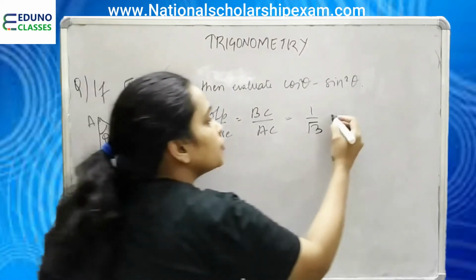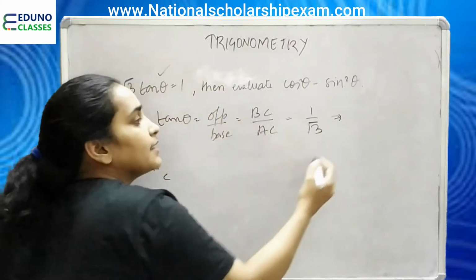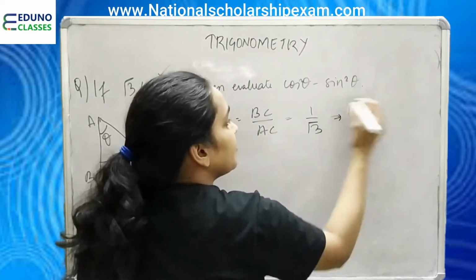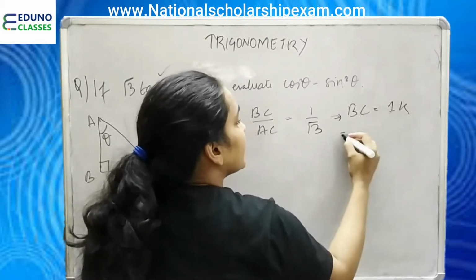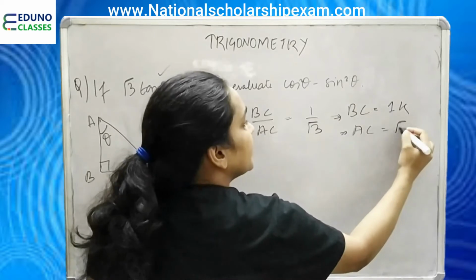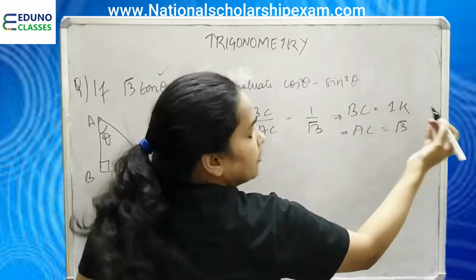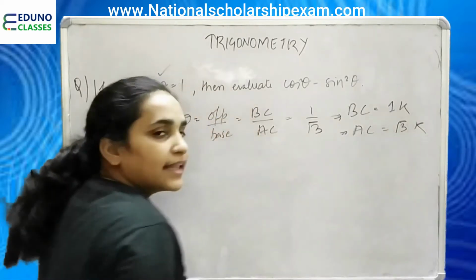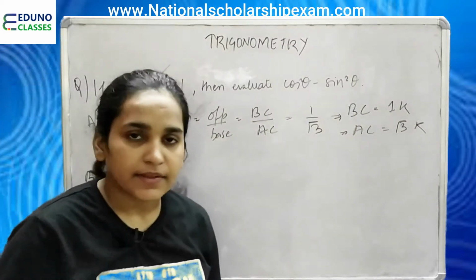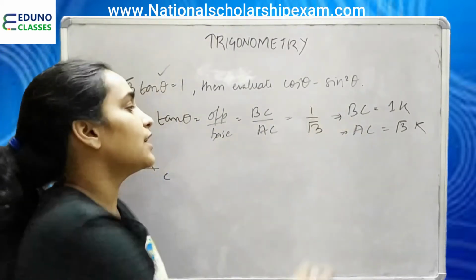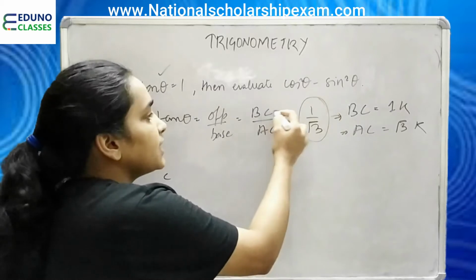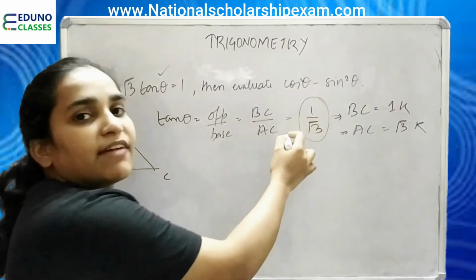And I have told you that BC will be in some ratio of 1k and AC will be in some factor of root 3, and that multiple will be k. Fine, this is the simplest ratio, na? This is not the real value of BC. 1 is not the real value of BC.